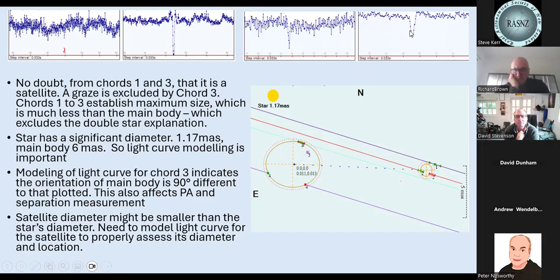It's that one, I think. It corresponds to that chord there. The second light curve is chord number 4. Oh, so that which is the bottom one. Yes. And the third light curve is chord number 2. So that's the satellite, and that's the graze one.